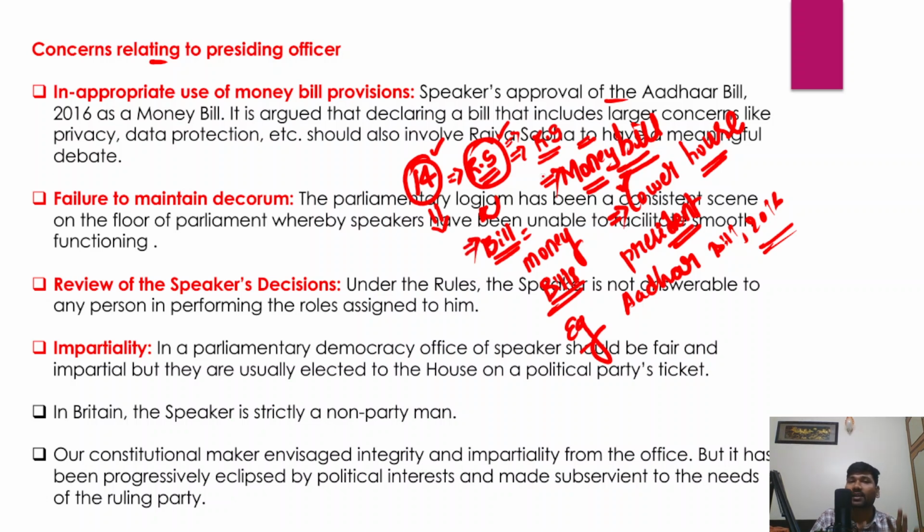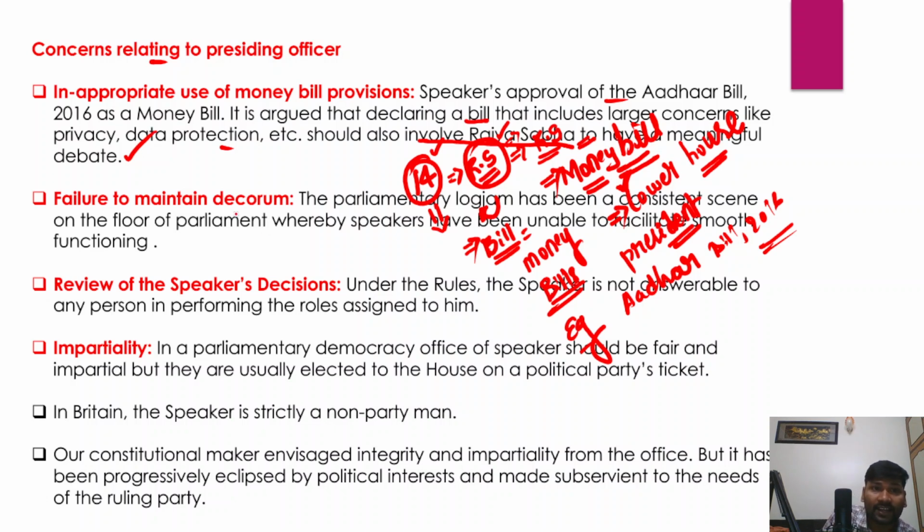And in fact, it is also argued that a bill that includes larger issues such as privacy, data protection, and other important issues should also involve Rajya Sabha, and it should not be passed through the money bill route, and there is a need for larger debate and discussion on this particular aspect.